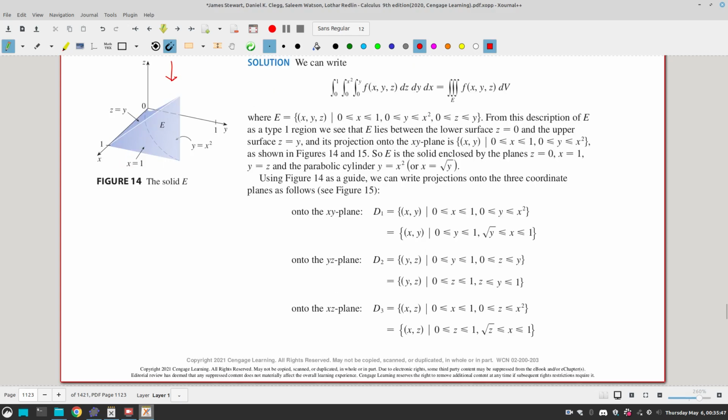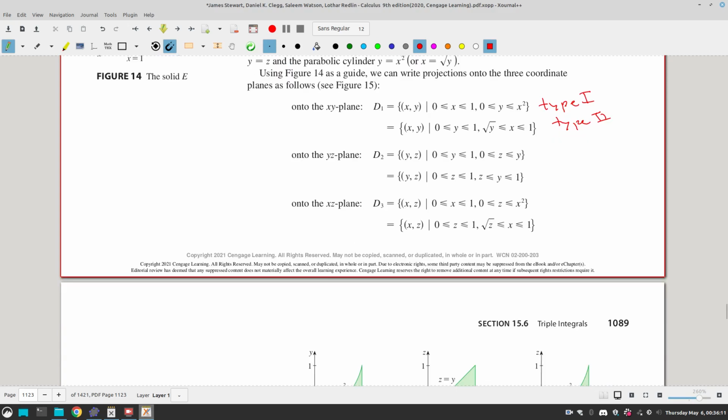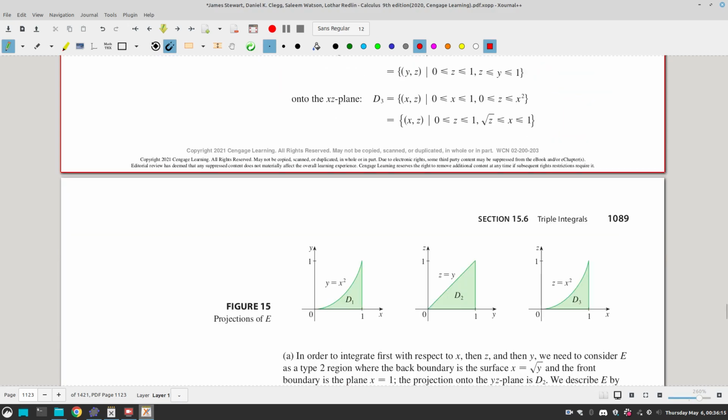The projection of this region E onto the xy plane can either be written as a type 1 region or a type 2 region, right? Meaning it could be that y is between two functions of x and x is between two constants, or it could be that x is between two functions of y and y is between two constants.